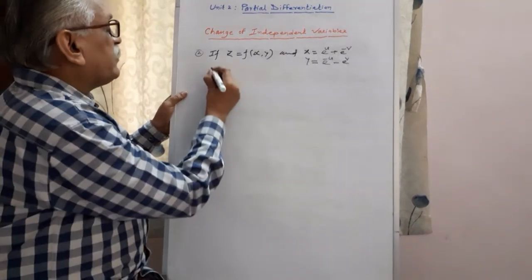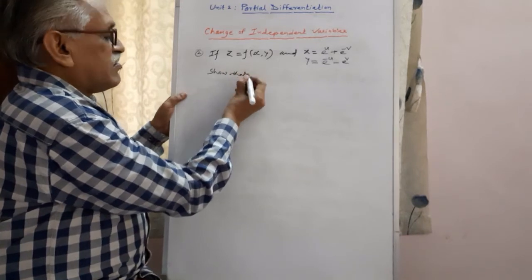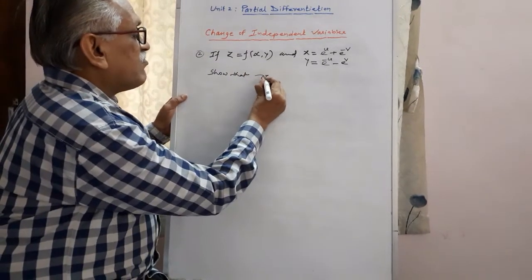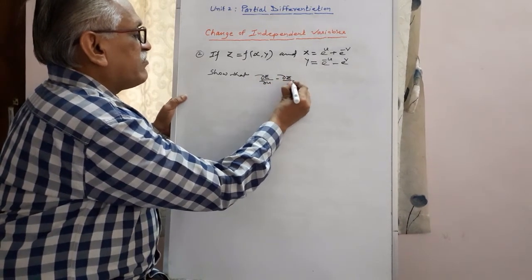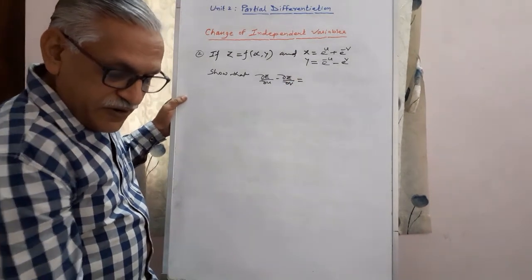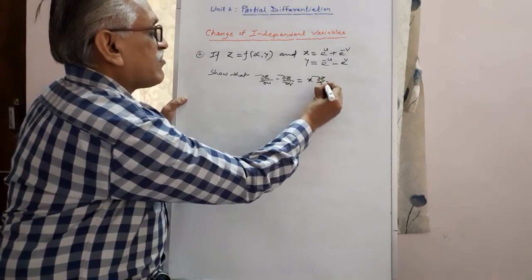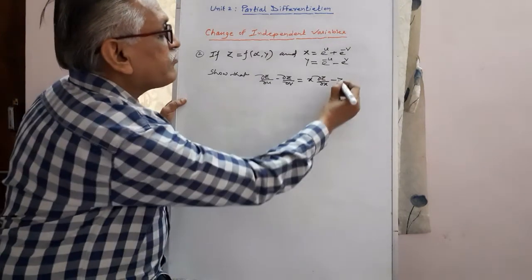Then show that ∂z/∂u minus ∂z/∂v is equal to x ∂z/∂x minus y ∂z/∂y.